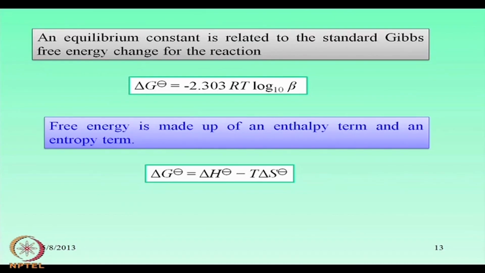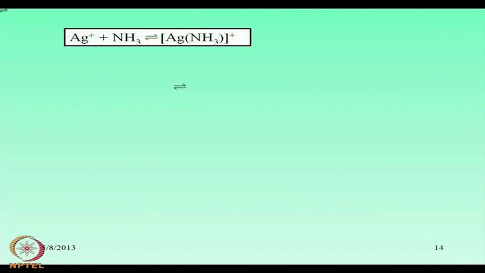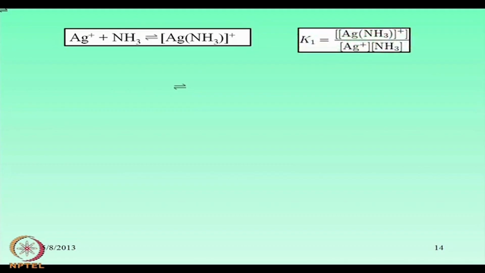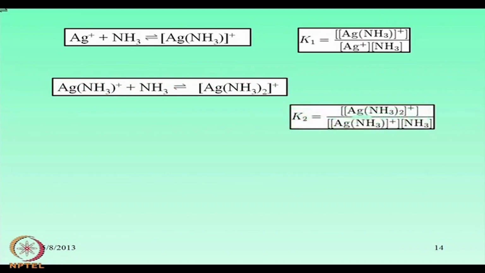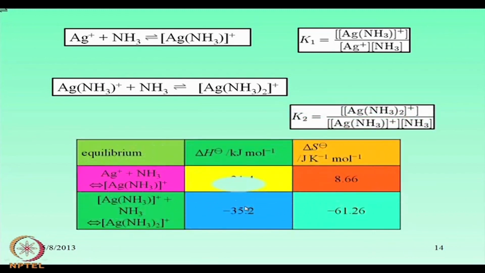So, these values basically can give us some idea for the silver amine complex, where we get the corresponding K1 value, as well as the values for the second step. So, we get both K1 and K2 values for these cases and the different values for the equilibrium as well as the enthalpic contribution and the entropic contribution.